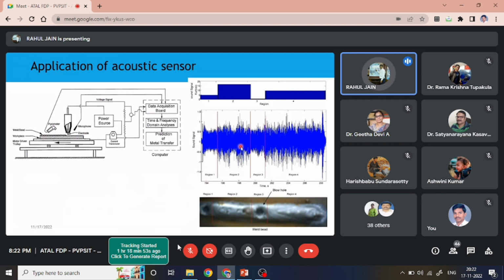Each filter may not be appropriate for a particular sensor, so you need to try out different filters, and that information we can also get from literature, right? Which particular filtering mechanism or domain analysis is giving you a distinct feature which you can associate with defects, the way it has been done in this particular case, right?